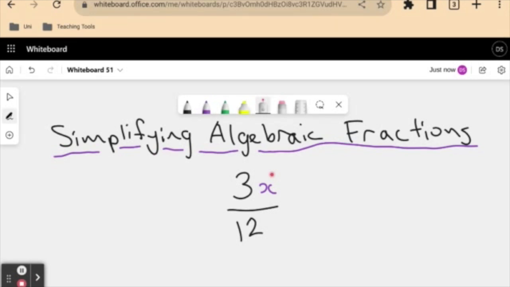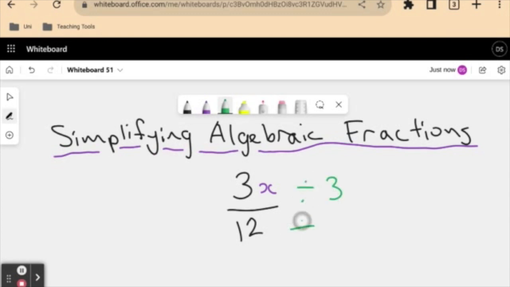Well, we have 3 multiplying by some number of x on the top. Now, it's important to know we don't know what x is, but we have a 12 on the bottom and just this x term here. Now, our 3 is multiplying by the x, and if we were to find a common factor here, all we know is that 3 will go into 3x x times, because 3 lots of x is 3x, and 3 goes into 12 4 times, like we discussed earlier.